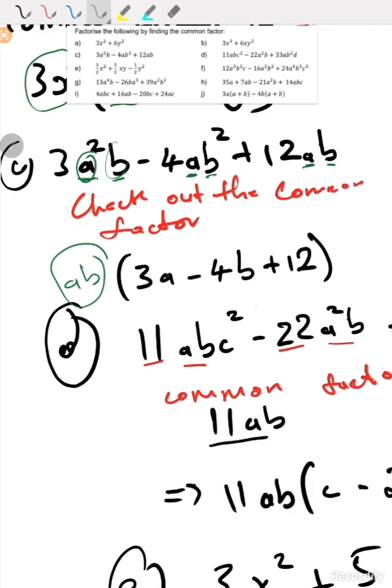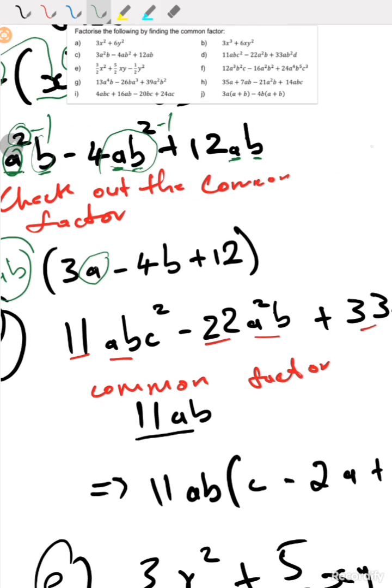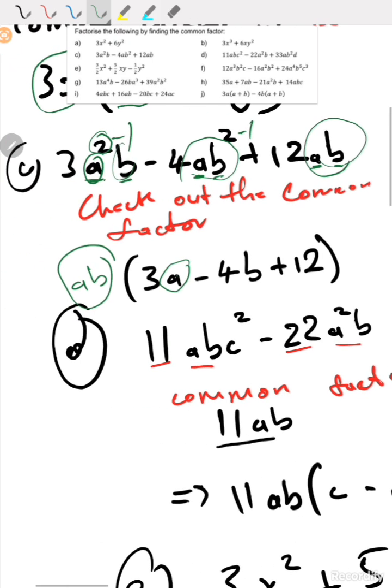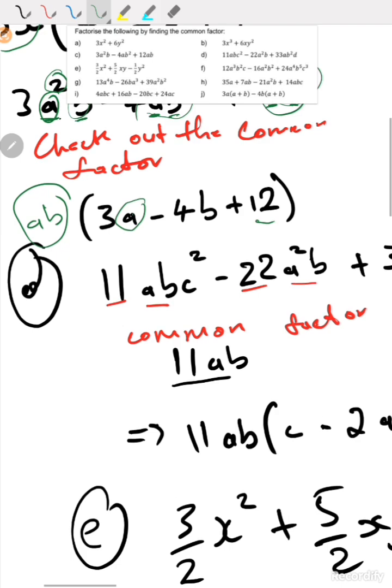That is 3a, remember that because of this square, we are going to minus 1 there, so it's going to be 3a, right? Minus 4b, because of this it's going to be minus 1 there, that is why it's b. Then plus 12, because when we multiply 12 by ab, it's going to give us 12ab. So hence it is 12 as the whole number.